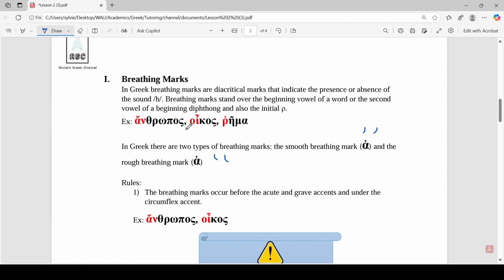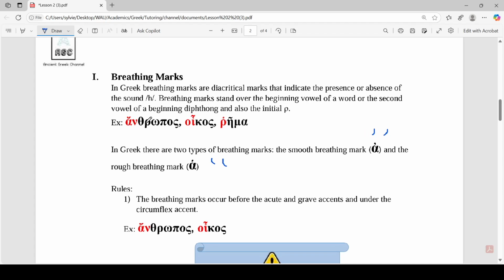That's why I said anthropos, because an is the accented syllable. But beside the acute accent, we have this little comma-like sign that is a breathing mark.